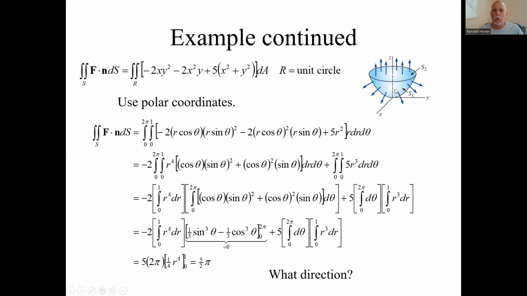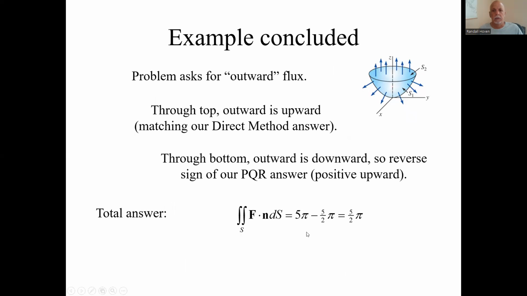So we have to actually subtract this number from the flux from the top. We've got 5 pi minus 5 halves pi. So our answer is 5 halves pi. That's the sign convention and how you use the PQR method. We'll do another example in the next recording.